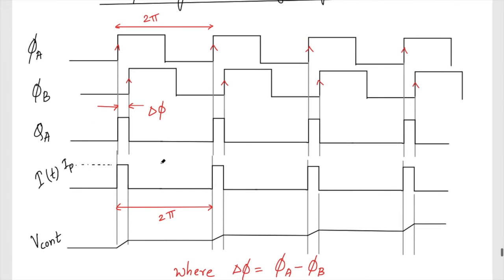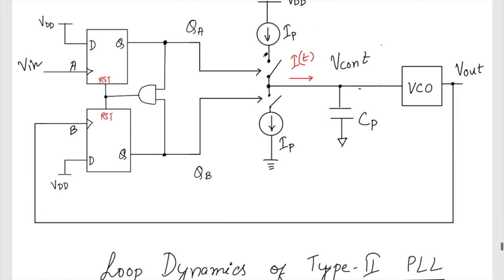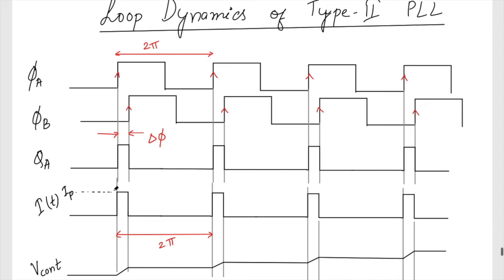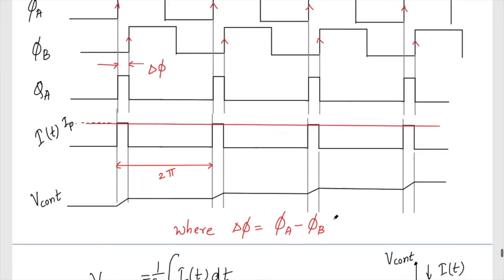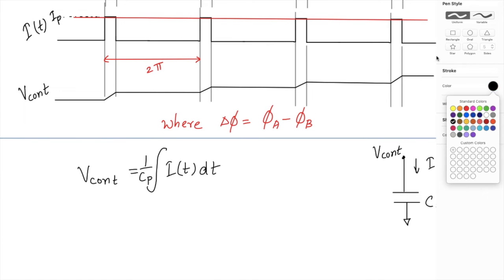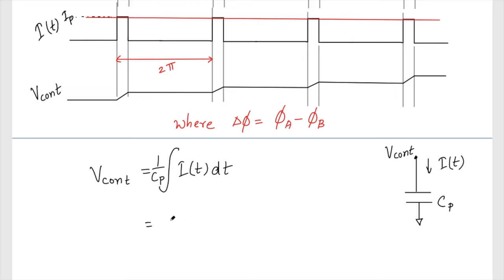See, if this IT had been constantly on, then IT would have been just IP, and the integration would have been very simple. I would have just written something like this: 1 by CP, integration of IP dt.